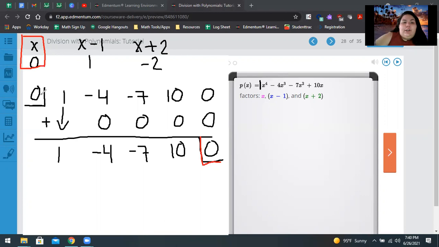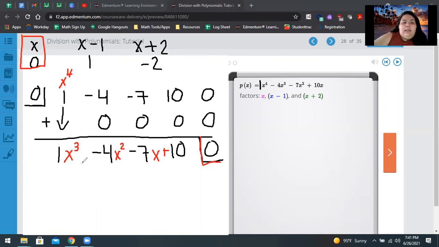So we originally started with x to the 4th power. This is now going to be x to the 3rd power, x squared, x, plus our constant here.